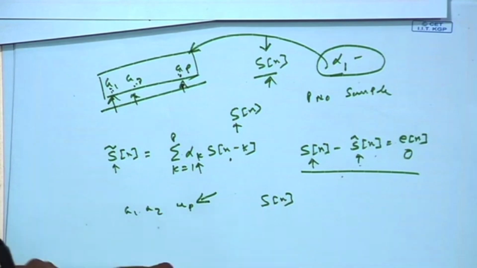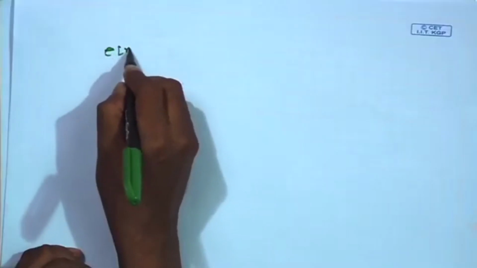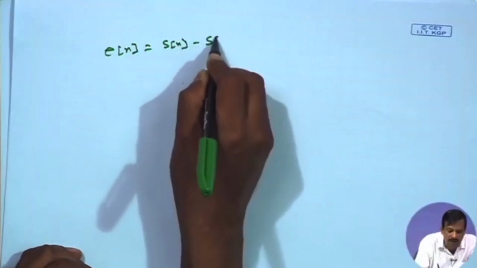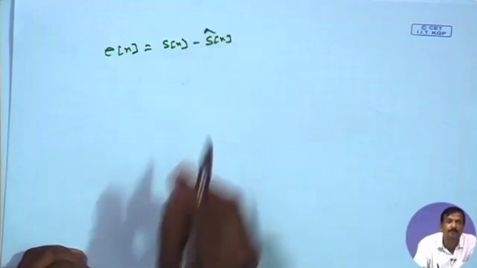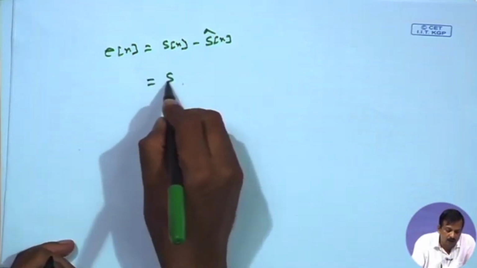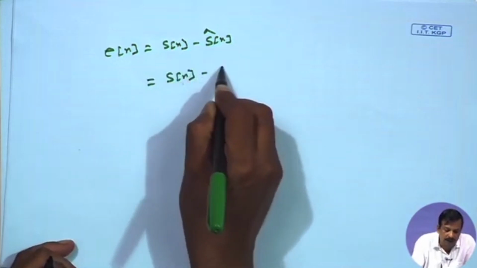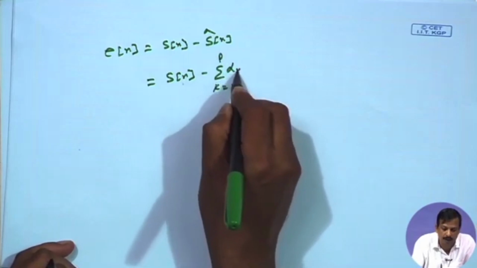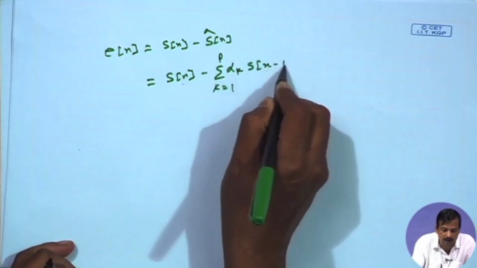Okay. Let us describe this in a block diagram for the error. The prediction error E n is nothing but my current sample minus my estimated sample. So, S n minus the sum over k equal to 1 to p of alpha k s of n minus k.